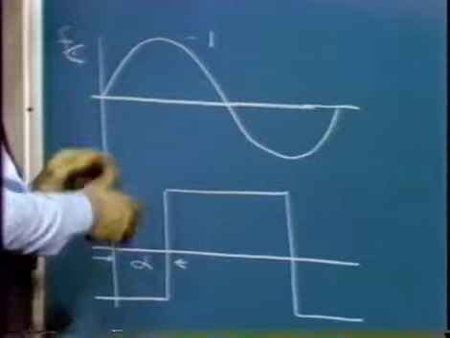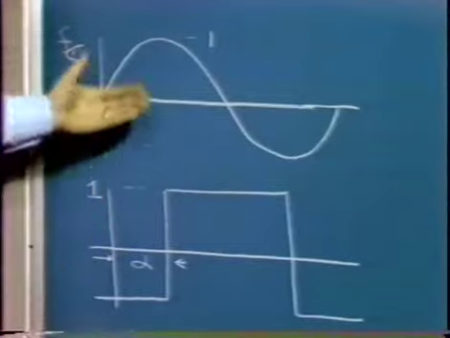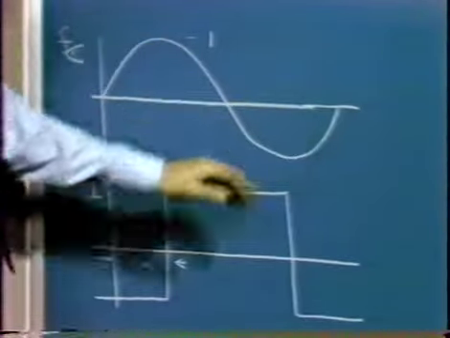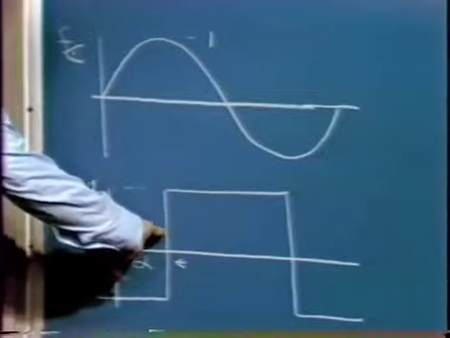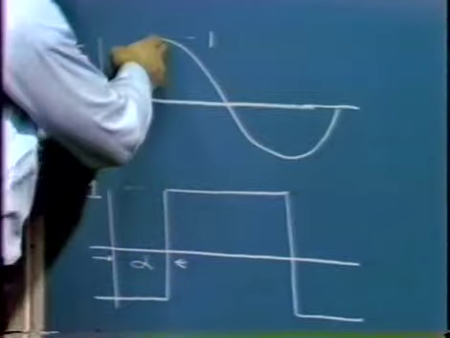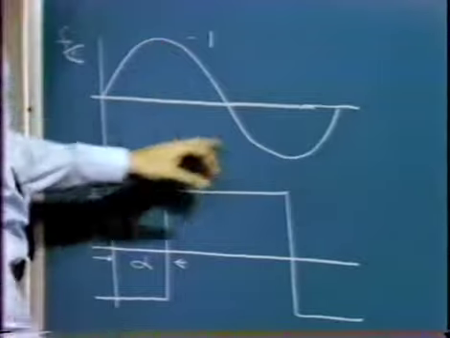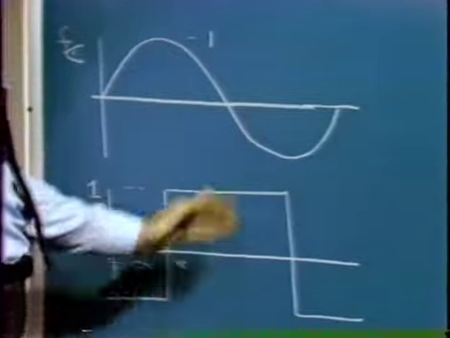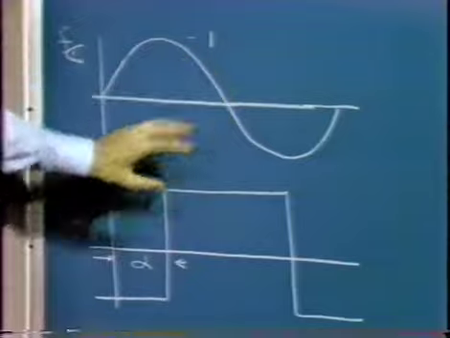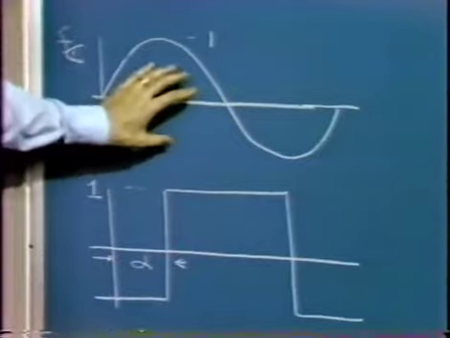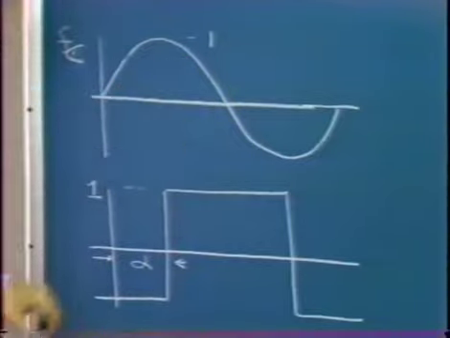When there's 180 degrees of relative phase shift, we get a negative full wave rectified sine wave, when alpha is such that we multiply this part by -1, this part by +1. We get a negative full wave rectified sine wave, and so we get a maximum negative average value.